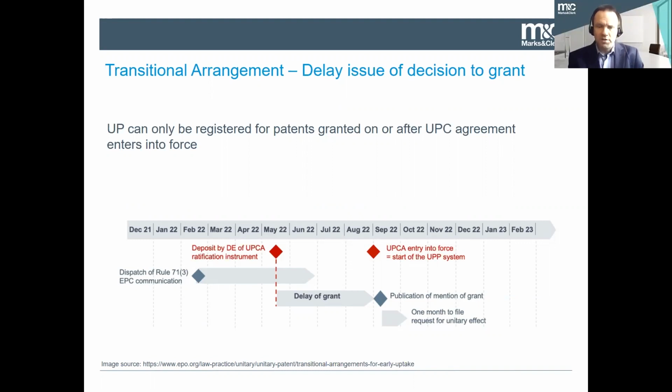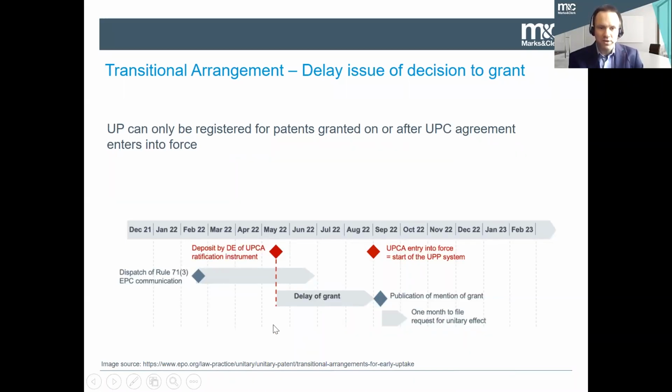The EPO has considered this point, and they said, we will allow you to request delay of grant so that the patent grants after the UPCA comes into force and you can get unitary protection if you so want. But they will only allow you to file that request after Germany has deposited their instrument of ratification. It's shown here as May 22. We don't, of course, know when that will be.